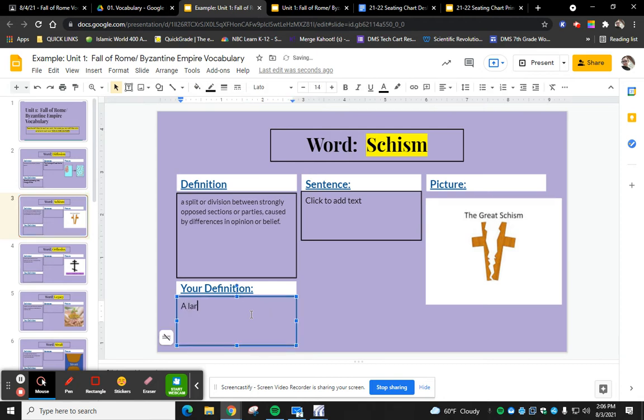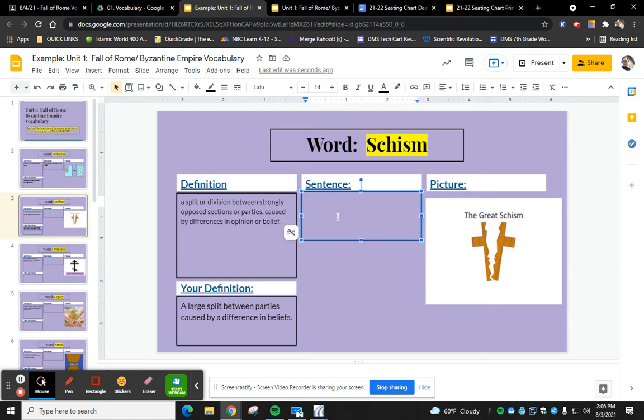So my definition: a large split between parties caused by a difference in beliefs. Okay, again, very similar to that definition, but still giving the same thing. You've just put it in your own words.